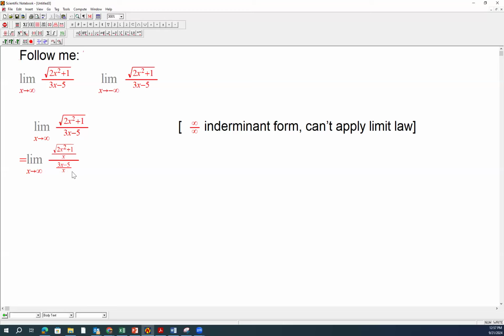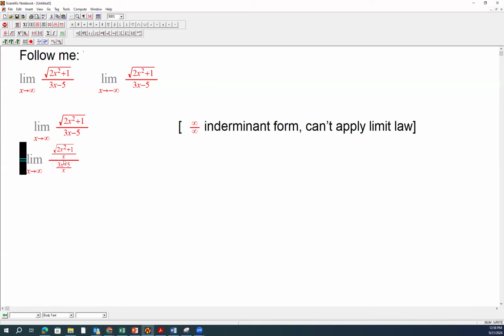The highest power is x to the power 1, and the denominator is x raised to the power 1. The top inside the square root has power 2, but when you take the square root, the power becomes 1. So x to the power 1 is the proper degree, and the top has degree 1 and the bottom has degree 1.